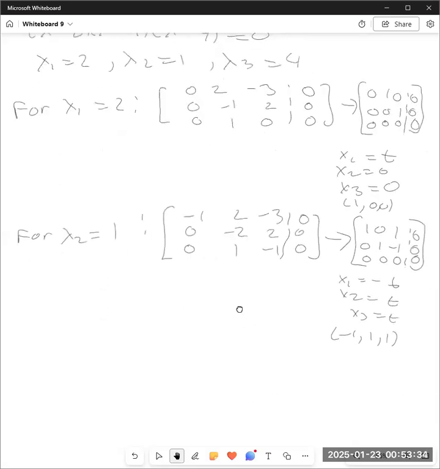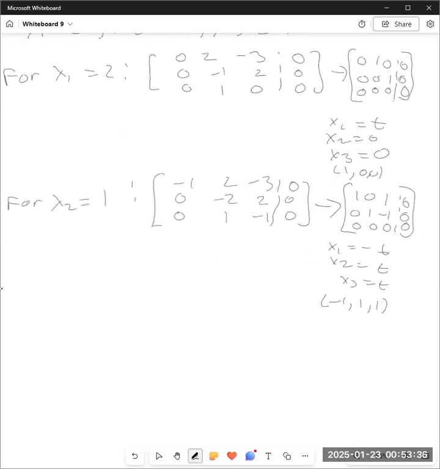And then for lambda 3 is equal to 4, then we have 4 minus 2 is 2, 2, negative 3, 0, 4 minus 3 is 1, 2, 0, 1, 4 minus 2 is 2, 0, 0, 0.